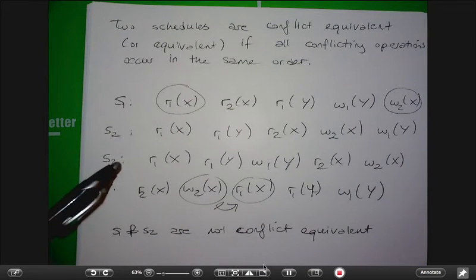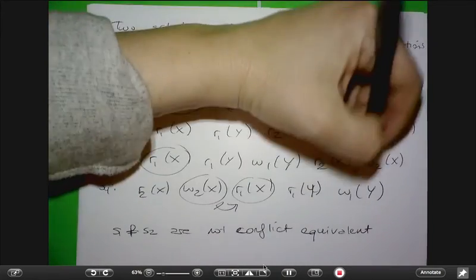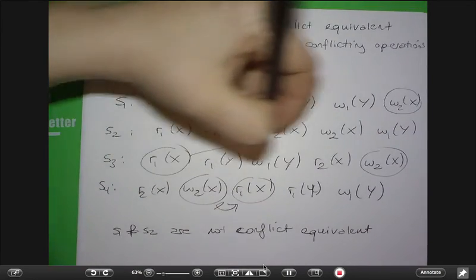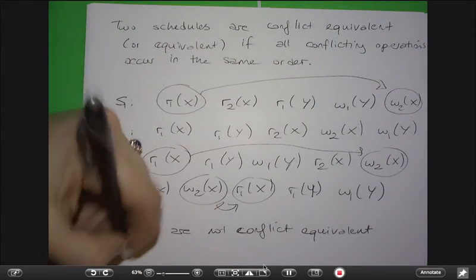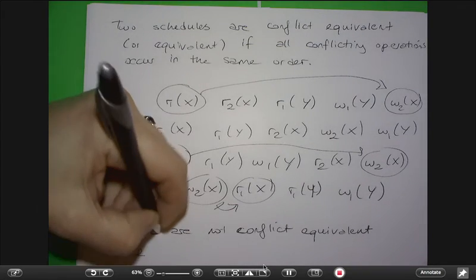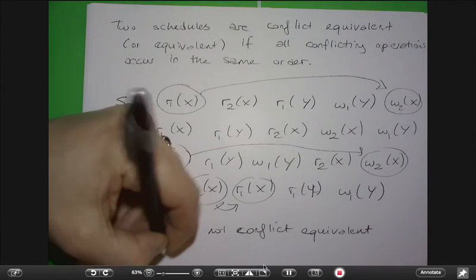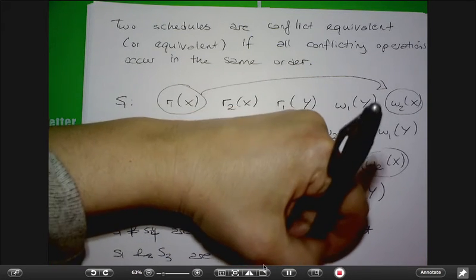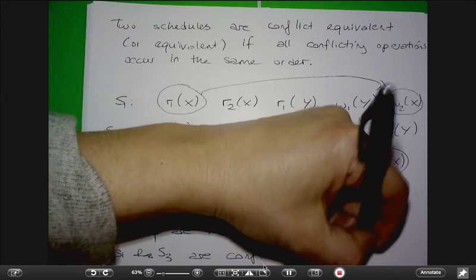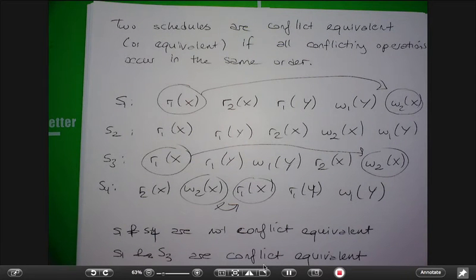But S3 and S1 are conflict equivalent, right? Because these two occur in the same order. So S1 and S3 are guaranteed to provide the same results because the conflicting operations occur in the same order.